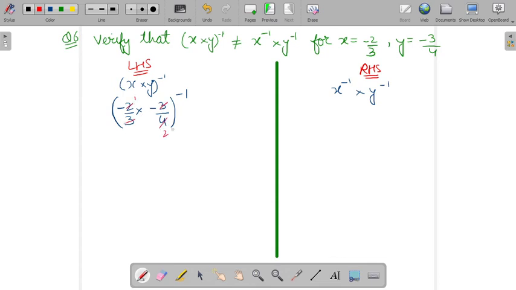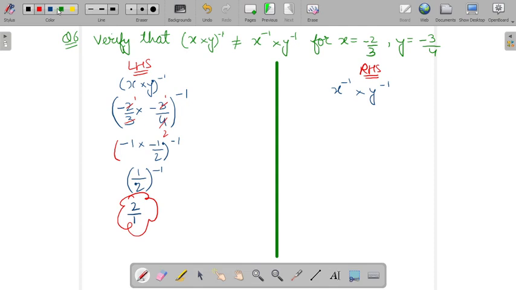So it would be like this: minus 1 multiply minus 1 upon 2, inverse. So it would be 1 upon 2 inverse. Minus minus will become plus.